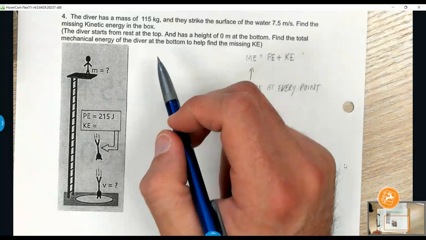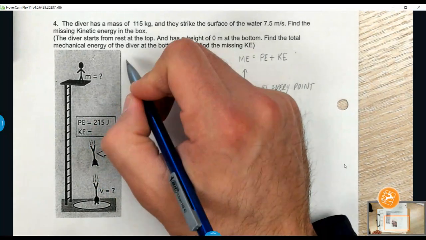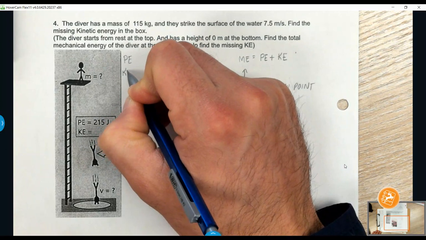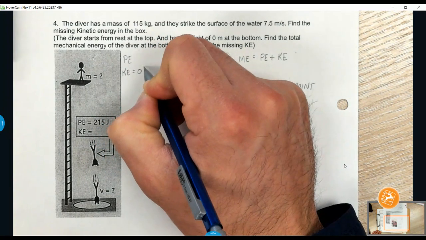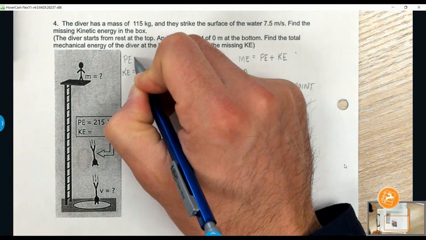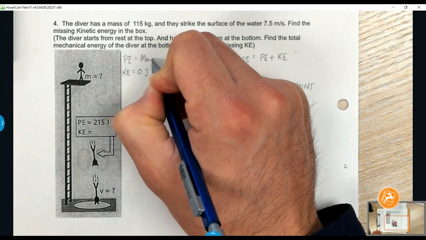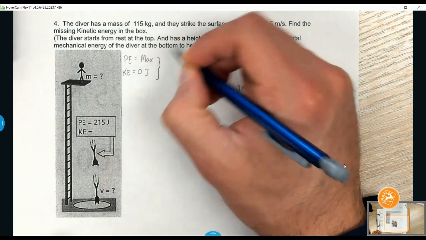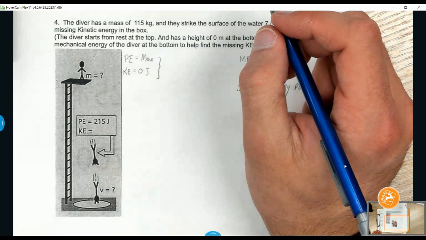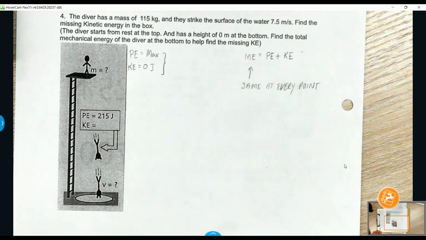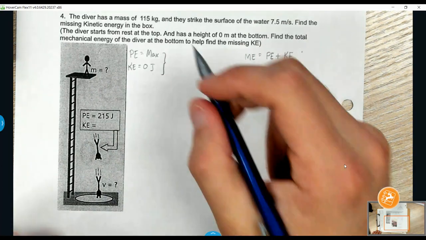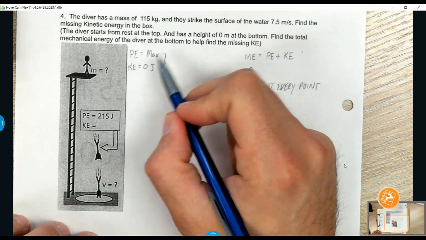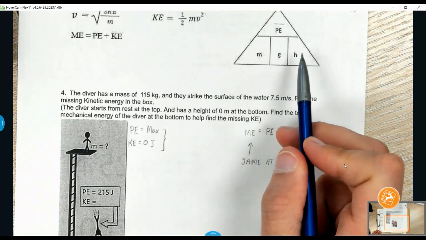So in these kinds of problems, where he's not moving at the top, the kinetic energy would be equal to 0 joules. It would all be potential energy at the top. So if we knew the starting height, you could do potential energy is mass times gravity times height.